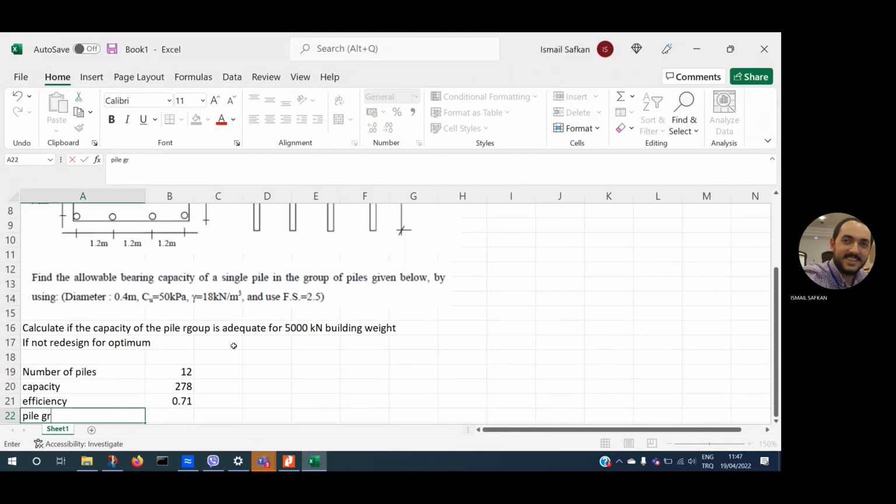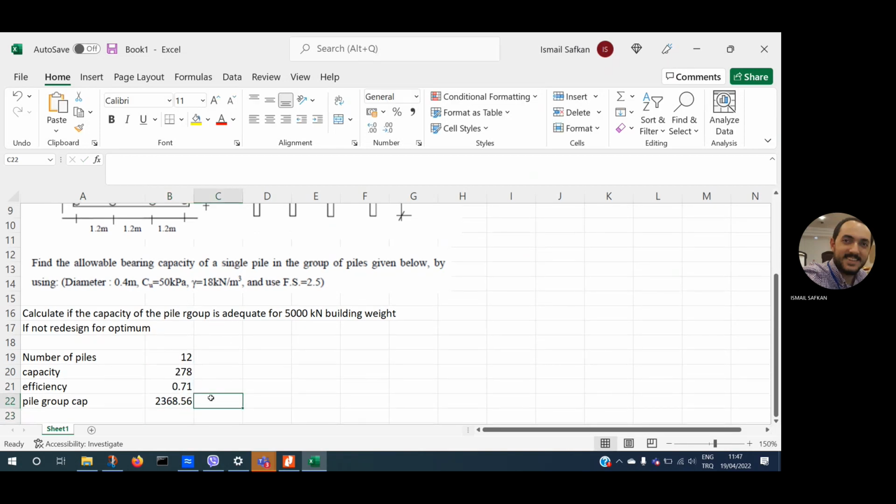So pile group capacity is that times that times that, in kilonewton. Is it adequate?